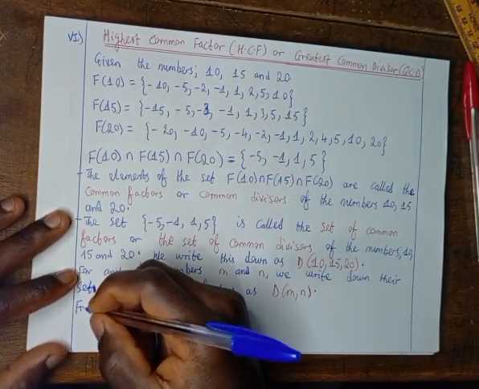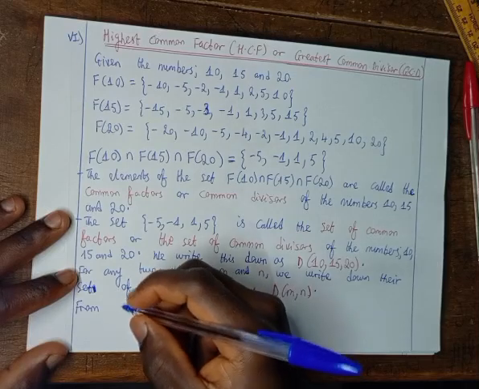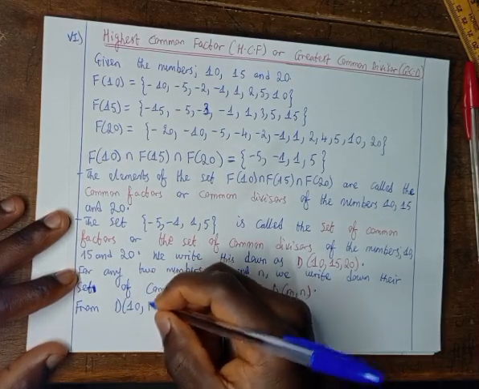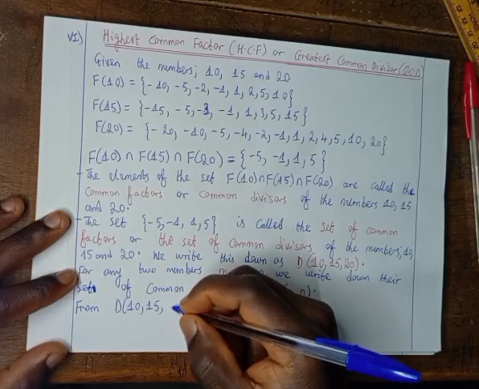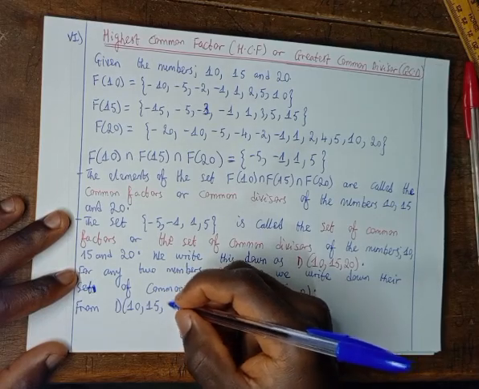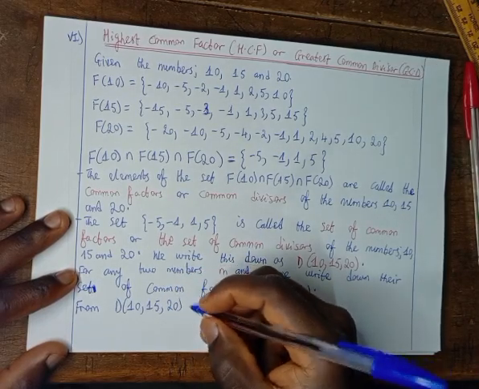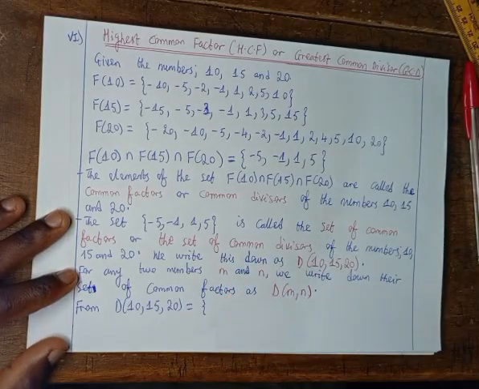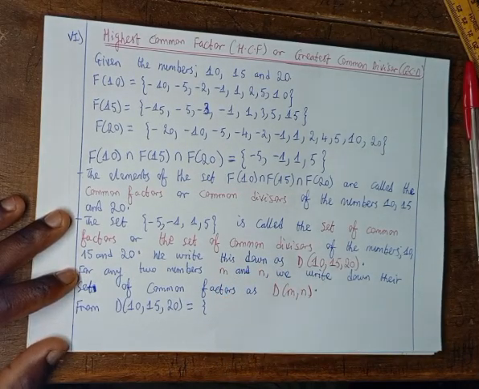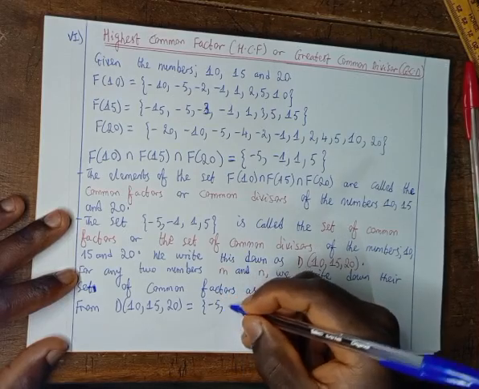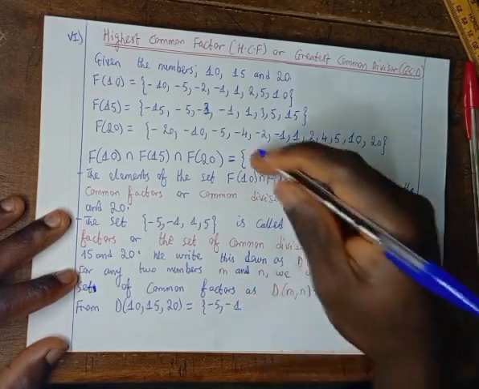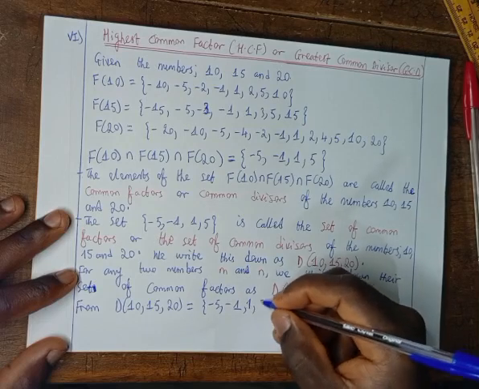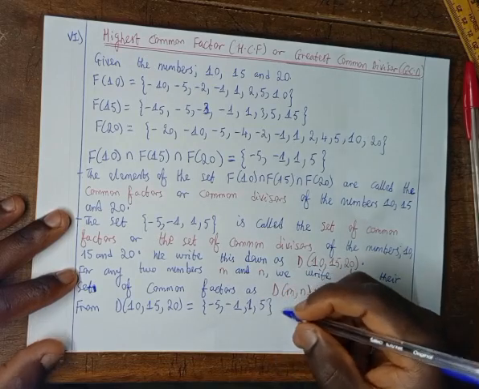Now from d of 10, 15, 20, the set of common factors of 10, 15, 20, which is equal to, it has elements -5, -1, 1, we must put the comma to separate the elements, lastly 5.